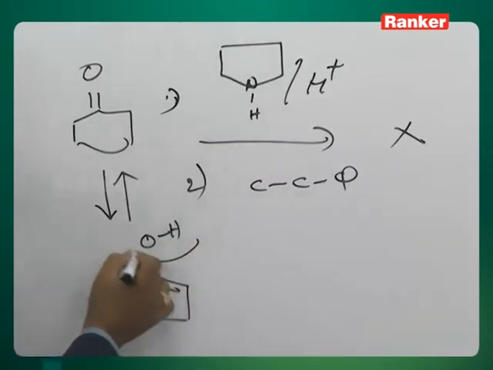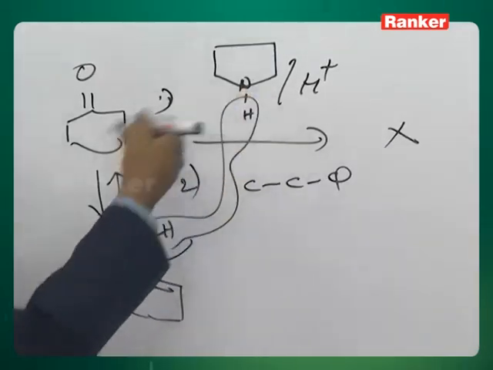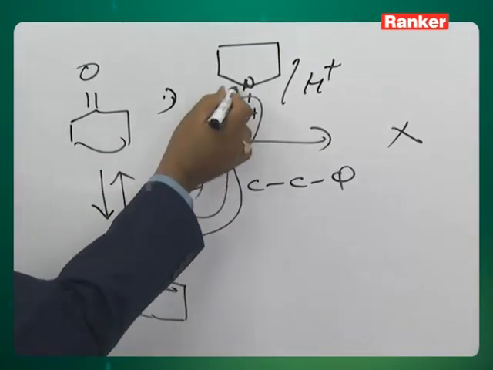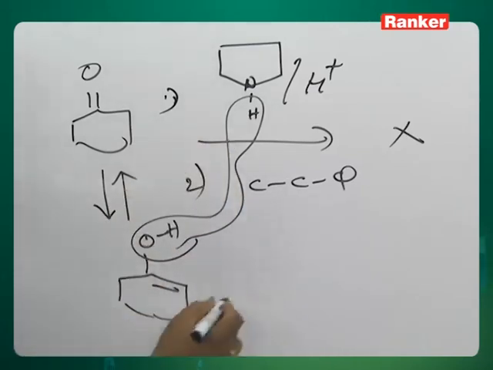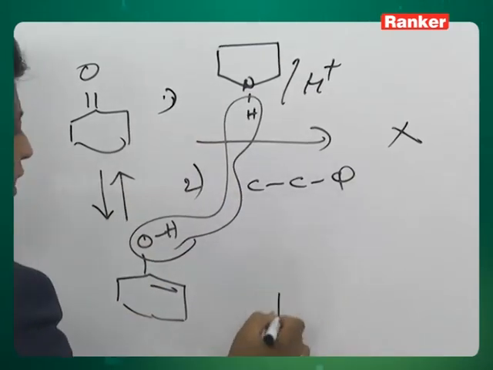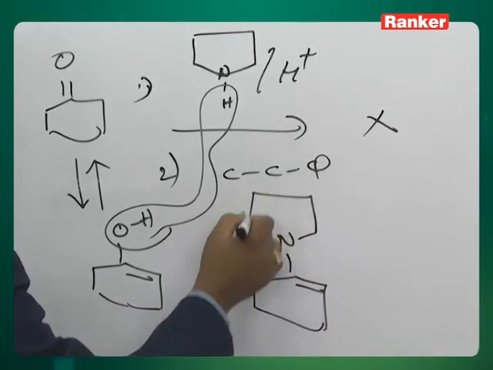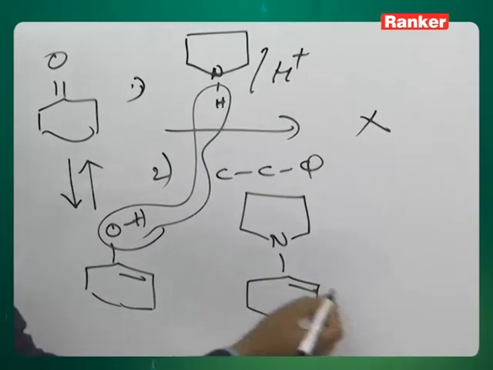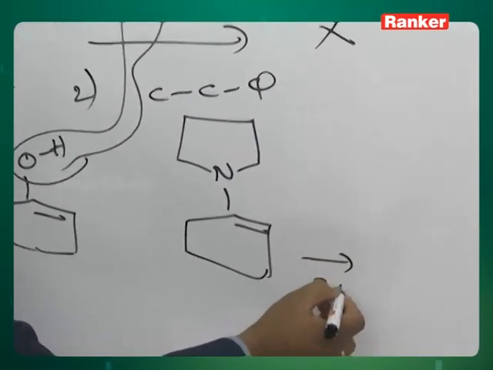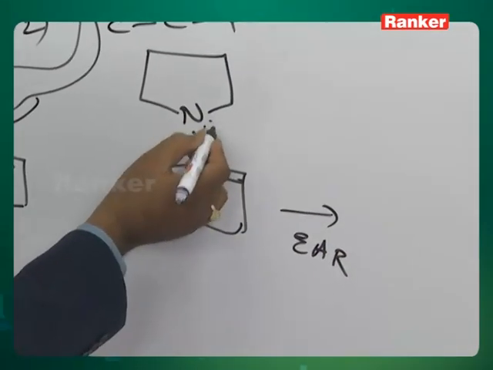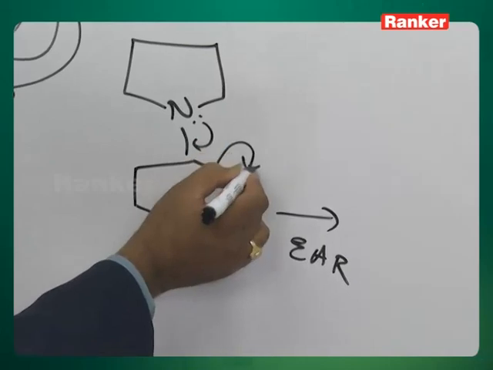This reacts with this one and eliminates water, or it is a nucleophilic substitution. N with its lone pair substitutes the OH. So finally you get an intermediate product like this. An enamine is formed. Enamine undergoes an electrophilic addition reaction. In accordance with this, the lone pair will be supporting and you will get a minus charge here.